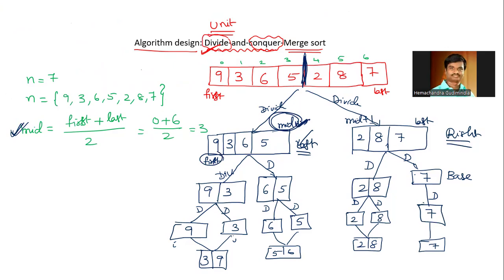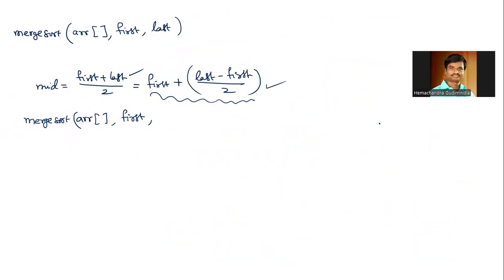So first and mid are the indexing of the left side, and mid plus 1 and last are the indexes for the right side, right? So now when I'm calling the left side merge sort operation, if I want to perform a divide operation, array, first comma mid, first index comma mid index.